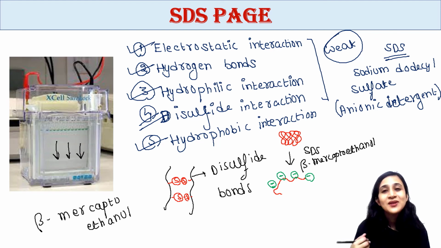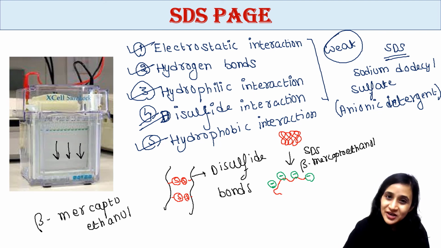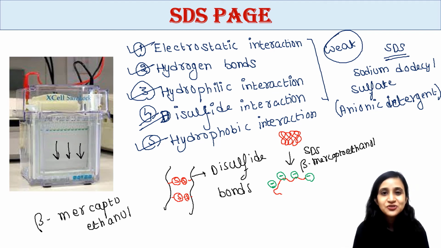Now the gel matrix gives a frictional force to the proteins. Small proteins face a small frictional force compared to large proteins. Therefore, small proteins move faster in the gel compared to large proteins, because due to the friction, large proteins get entangled in the mesh.